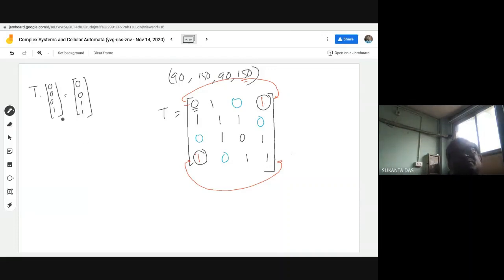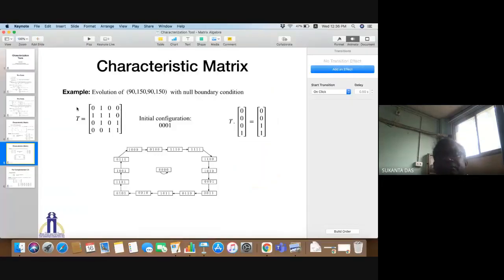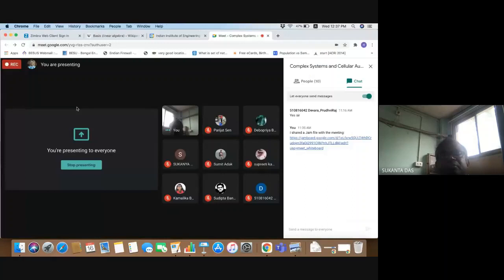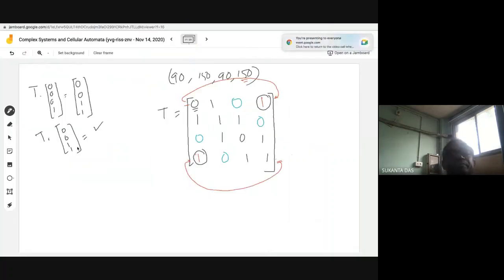Now similarly, using T into 0 0 1 1, you'll get the other. Okay, so what is that? Let me write it down. It will be 0 1 1 0.